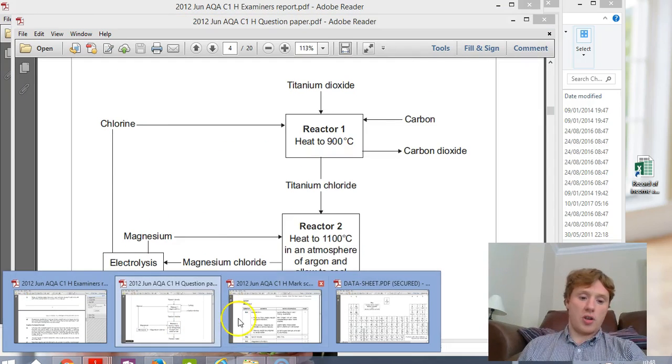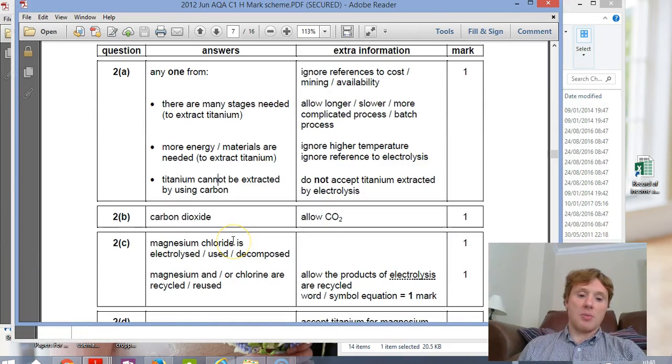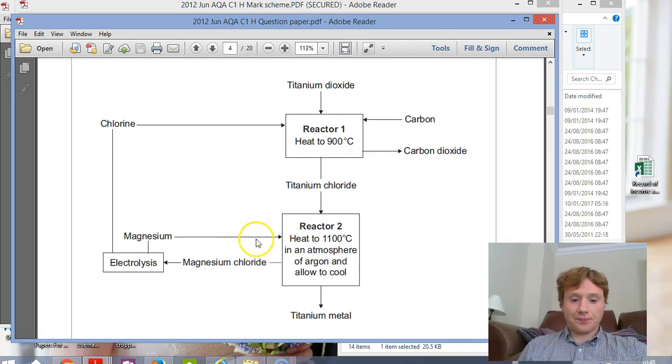Right, so magnesium chloride is electrolyzed, and magnesium and chlorine are recycled. You get magnesium chloride when you react the titanium chloride with magnesium. What you then do is put it back in electrolysis.